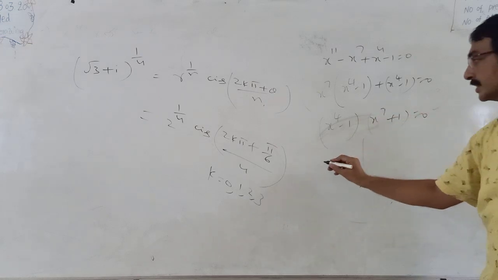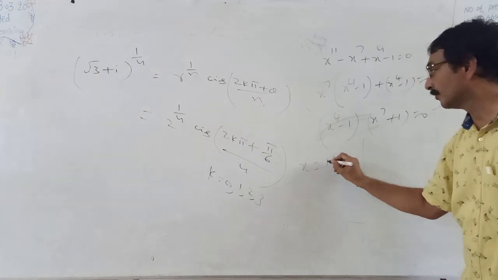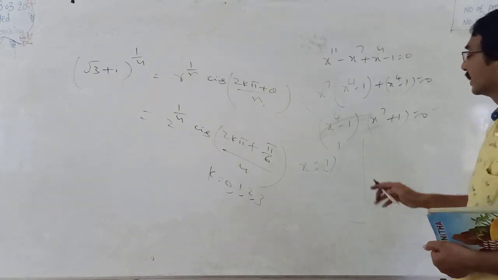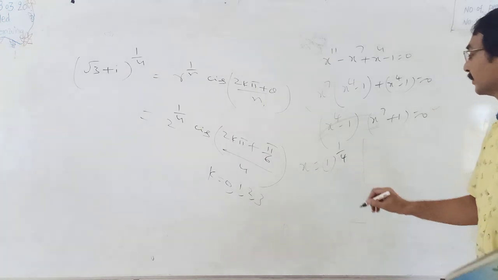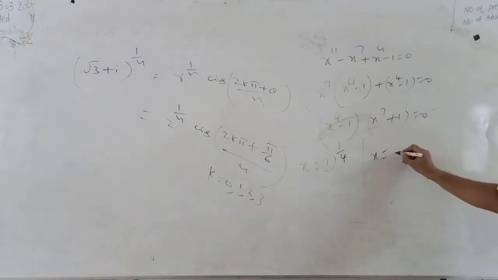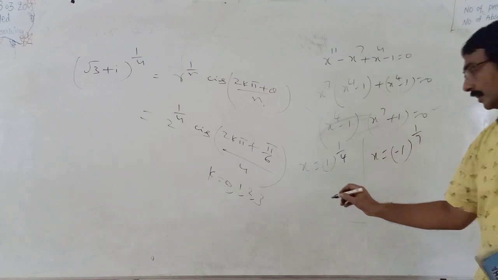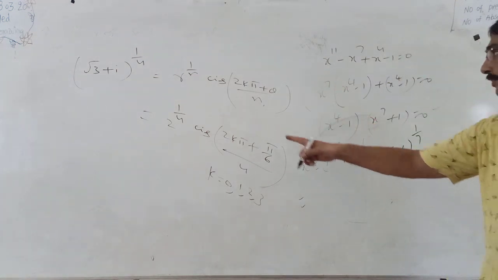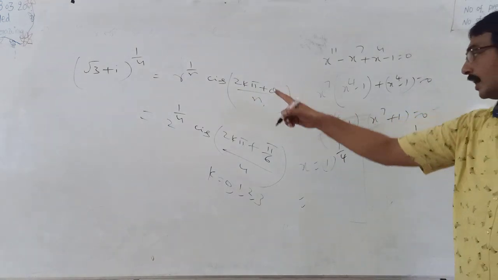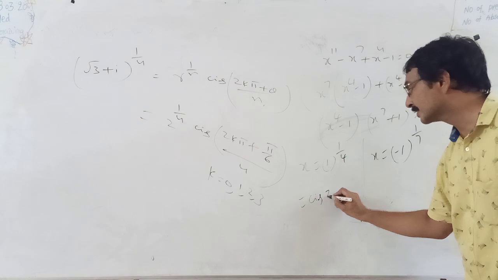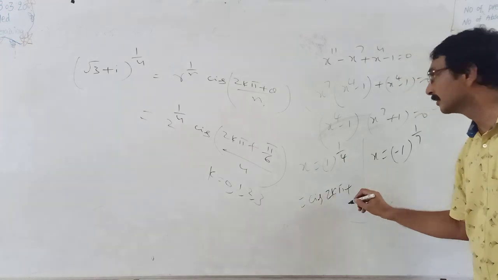Therefore, from this, x equal to 1 power 1 by 4. From this, x equal to minus 1 whole power 1 by 7. Now from this formula, r value, modulus of 1, is 1, cis of (2k pi plus theta) by n.